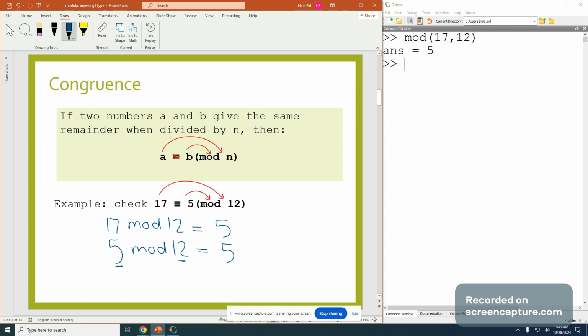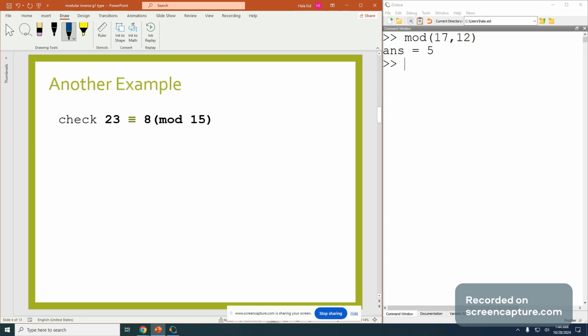Let's take another example. Is 23 congruent to 8 mod 15? It means 23, if I divide it by 15, would it give me the same remainder as if I divide 8 by 15? Let's try it out. 23 mod 15, what is it equal to? And 8 mod 15, what is it equal to? I can do the first one using Octave.